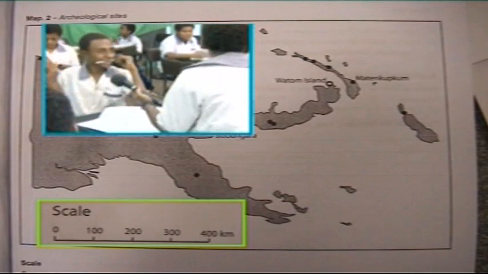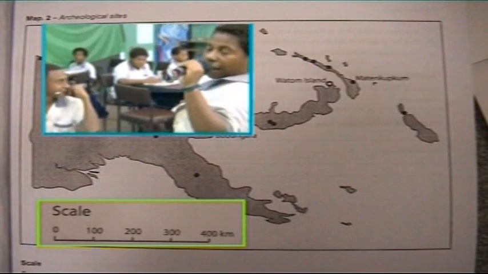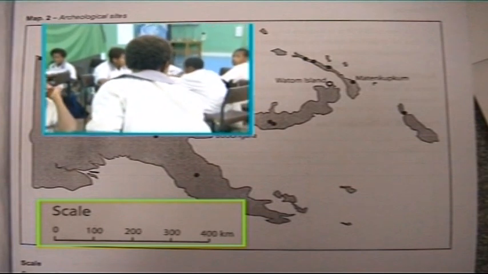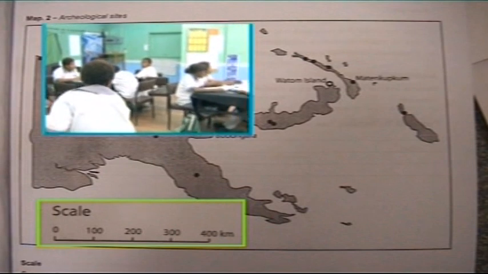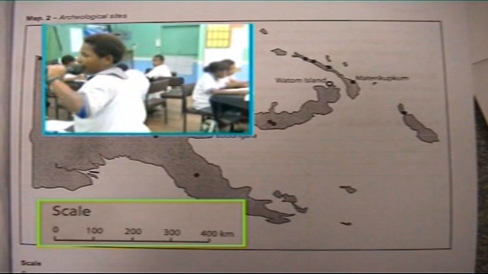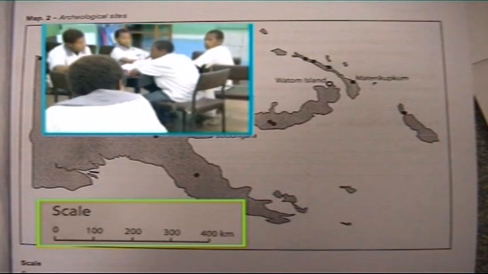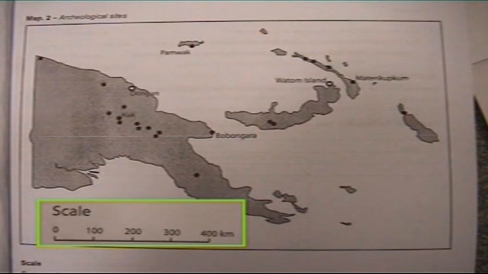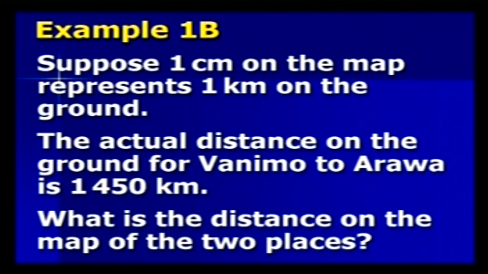How did you get 14.5 centimeters? Divide by 100. Divide what by 100? 1,450. Divide by 100. Do you agree with Madeline's answer? 1,450 divided by 100, because the scale says 1 centimeter on the map represents 100 kilometers on the ground.